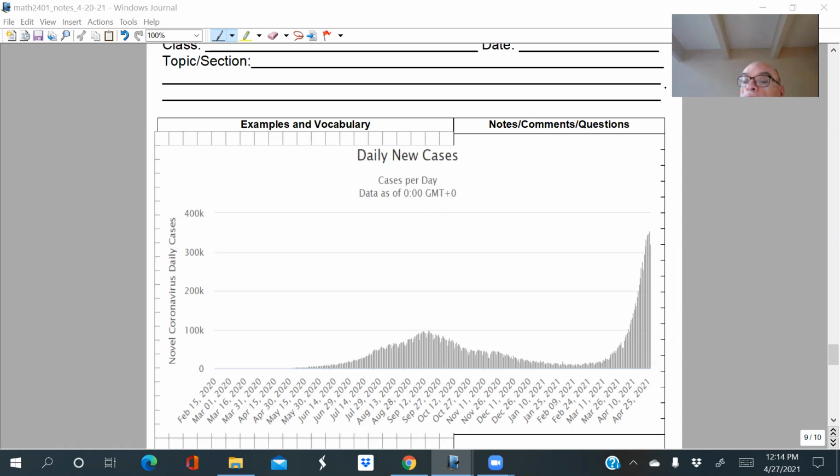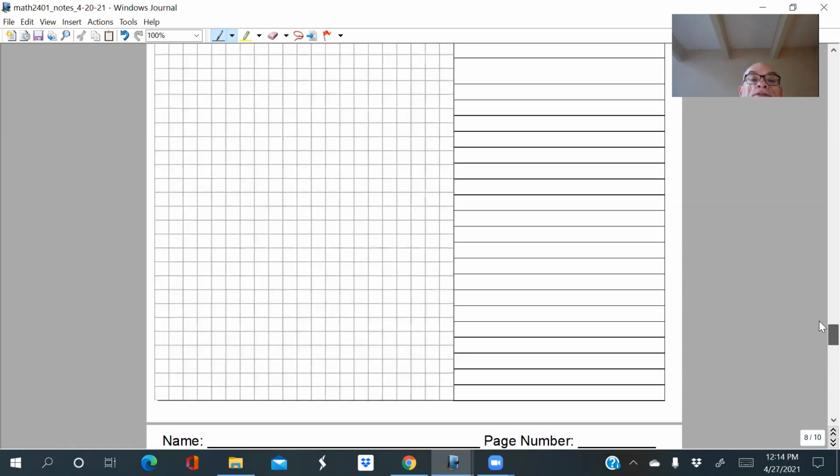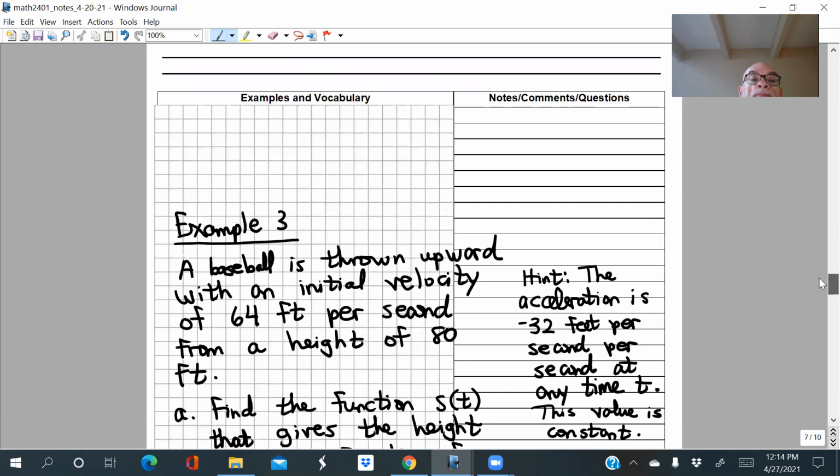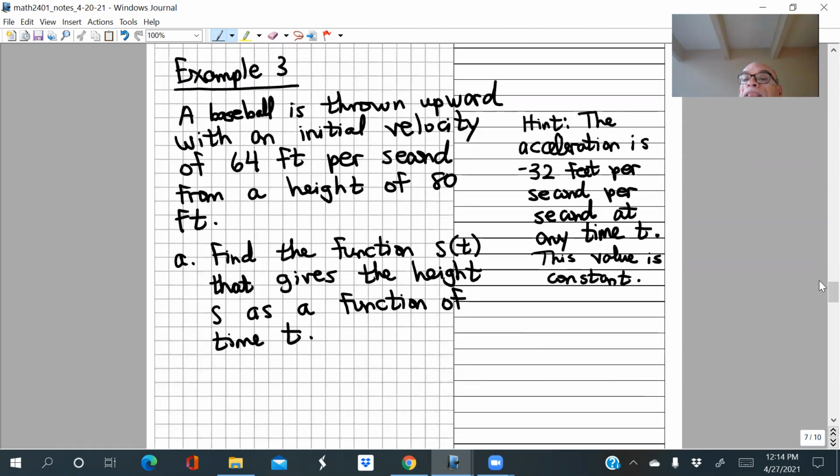Let's look at an example from physics. All right, so this is a little bit less urgent example, okay, but nevertheless an important example from physics. So suppose we throw a baseball right up into the air, and it's going to have an initial velocity.